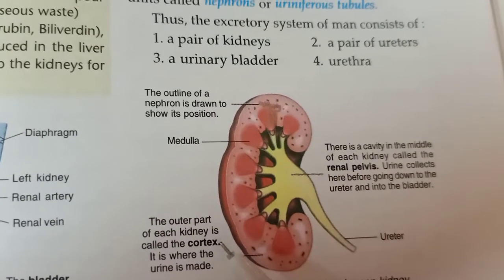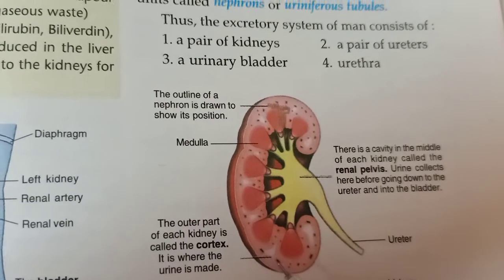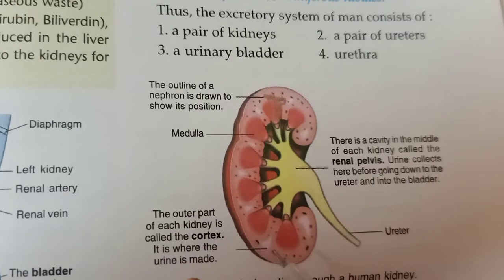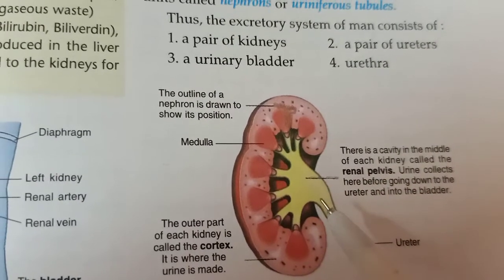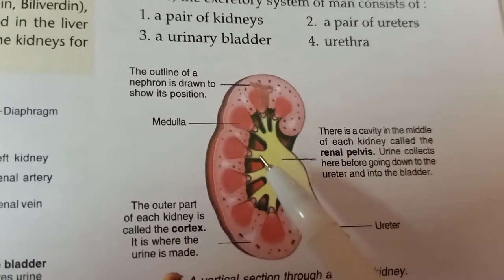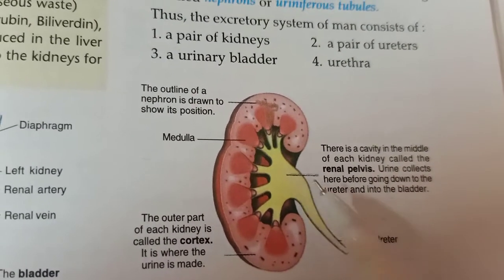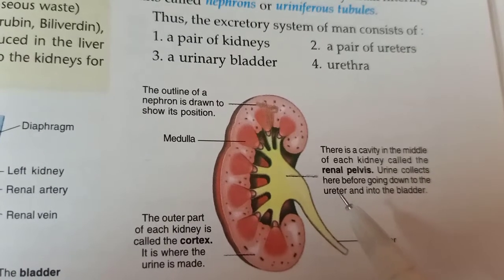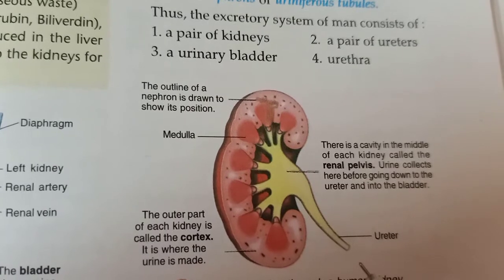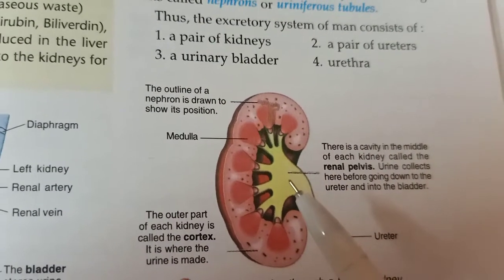Cortex, this outer part of the kidney is known as cortex, and in this part only the urine is made. Now this yellow part is known as the ureter, and there is a cavity in the middle of each kidney called the renal pelvis. Urine collects here before going down to the ureter and into the bladder. So before the urine comes down, it collects here in the renal pelvis.